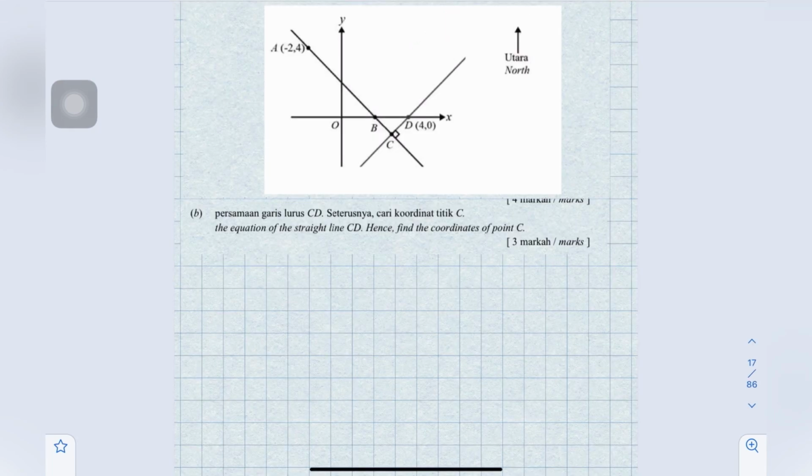B. Find the equation of the straight line CD. Hence, find the coordinates of point C. Okay, firstly, we have to find the equation of straight line CD. But now given here, CD and AC are perpendicular. Okay, so tadi yang A, kita dapat equation of AC is y equals negative x plus 2.